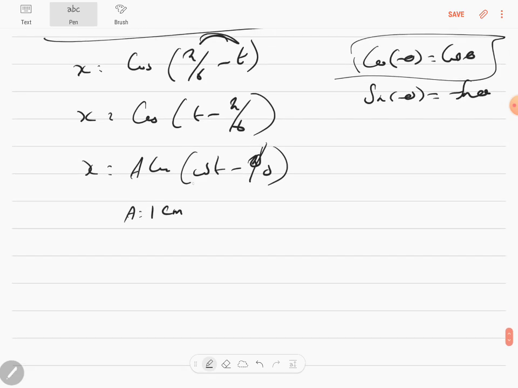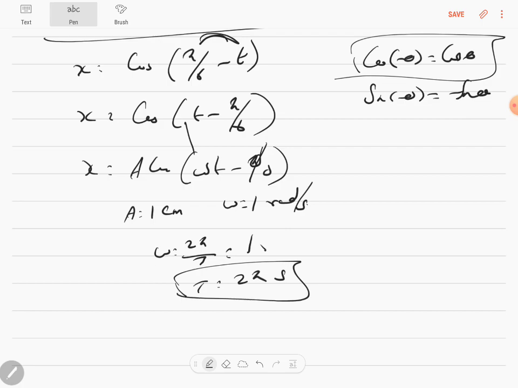What is omega? Omega here you have 1 radian per second. Omega is equal to 2 pi by capital T, which itself is 1, so time period is equal to 2 pi. Thus you get 2 pi seconds to be the time period.